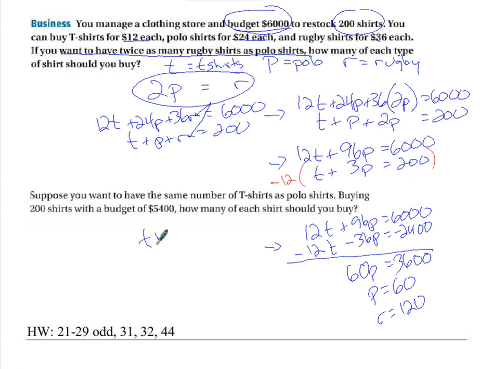T plus P, which is 60, plus R, which is 120, equals 200. So T plus 180, that's a plus, equals 200. So T equals 20.